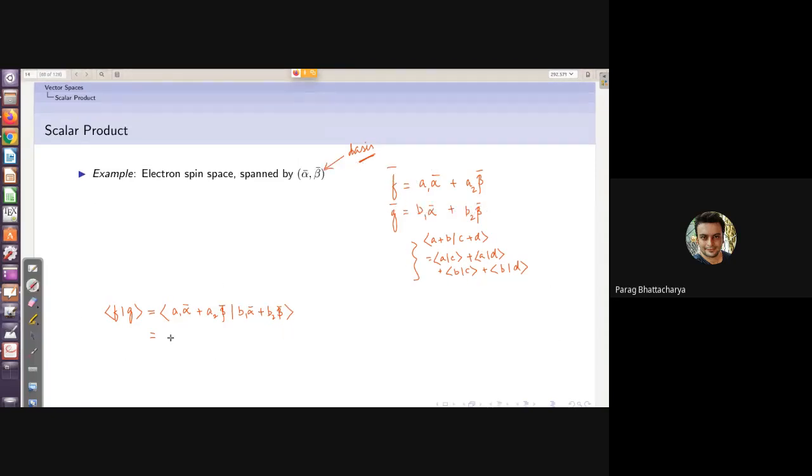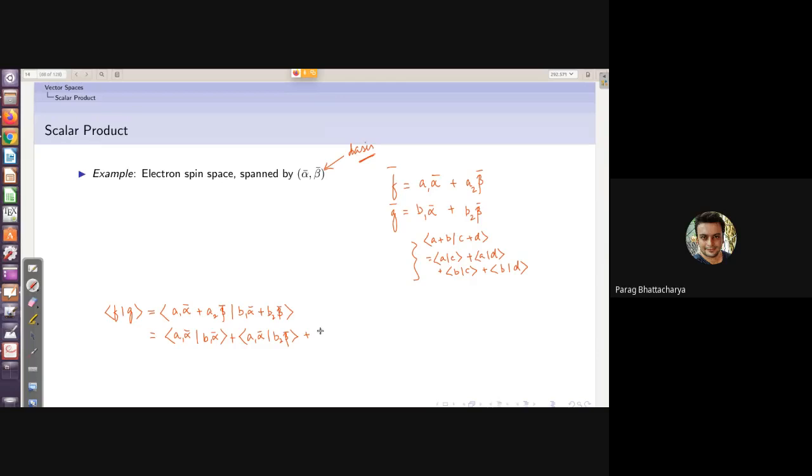We use the same idea over here also. So this will be the scalar product of A1 alpha with B1 alpha. Next, the scalar product of A1 alpha with B2 beta.